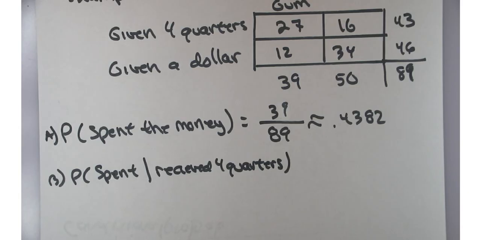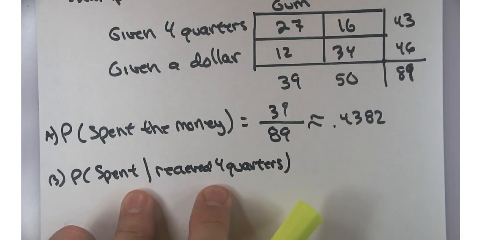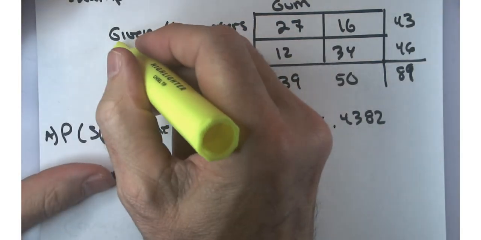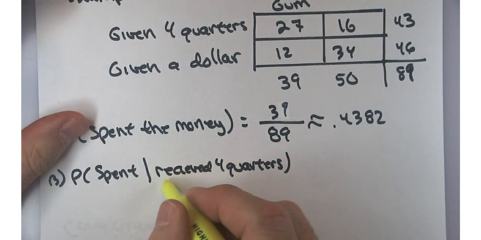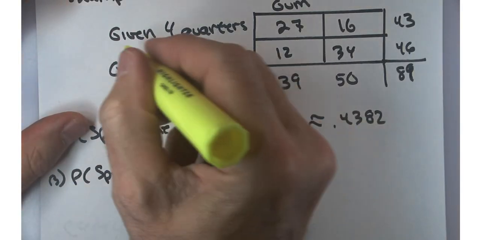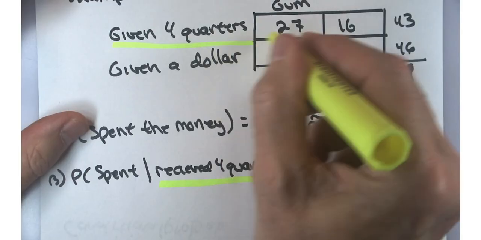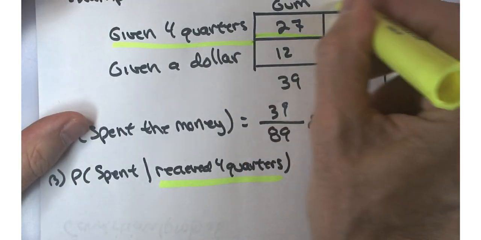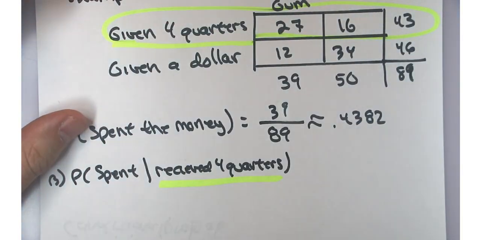So in fact, what part of this table am I going to be looking at if I'm looking at the people who received the 4 quarters? 43. Yeah, just the 43. So given that they received 4 quarters, I'm going to be looking at this part of the table right there.